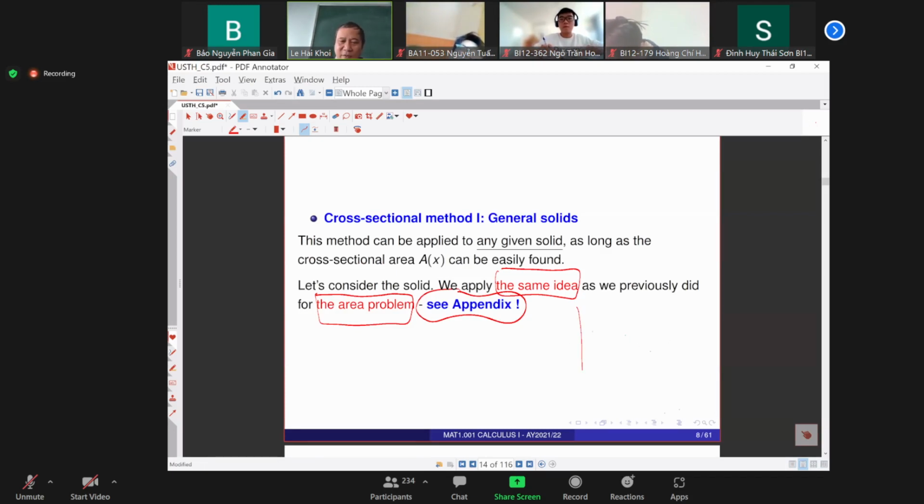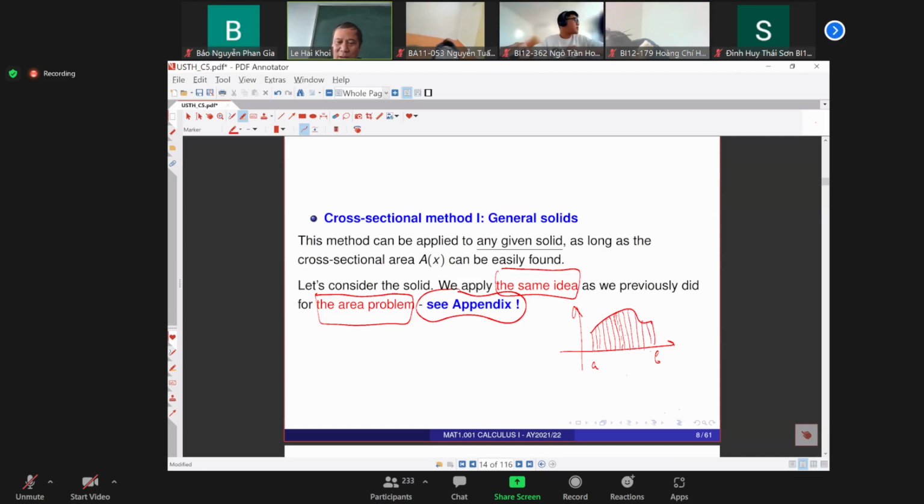The area from a to b, we divide by the so-called curved trapezoids, right? And for each small one, we look at an approximation by a rectangle.